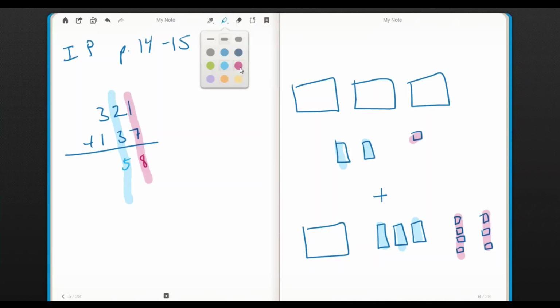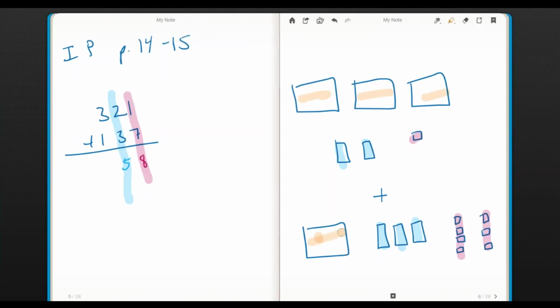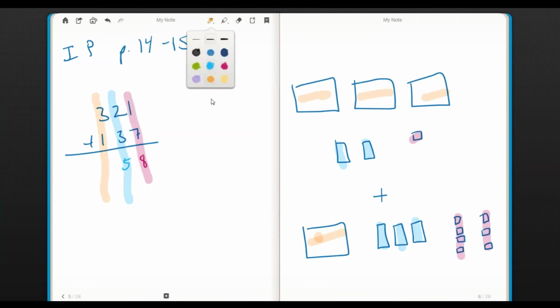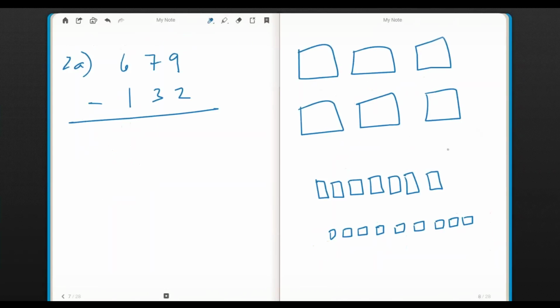And in the hundreds column, I have 3 hundreds and 1 more hundred, which is going to combine to be 4 hundreds. So the solution to this problem is 400, 5 tens, 8 ones, or 458.